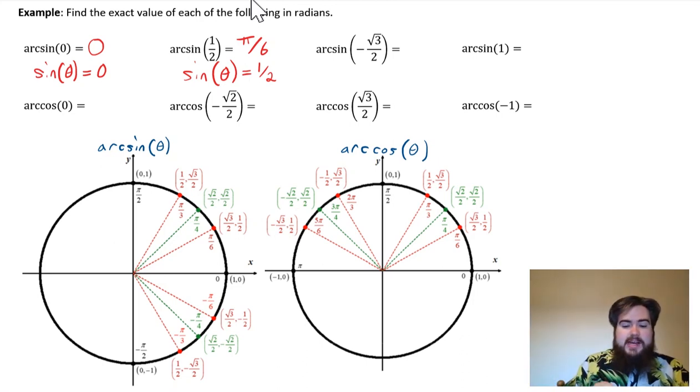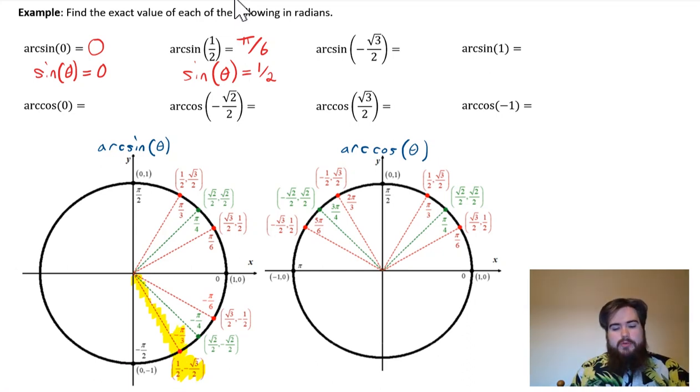Where sine would equal negative root 3 over 2, if you look at the representation down here as a reminder, that happens at negative pi over 3. That's where the y-coordinate is equal to negative root 3 over 2.